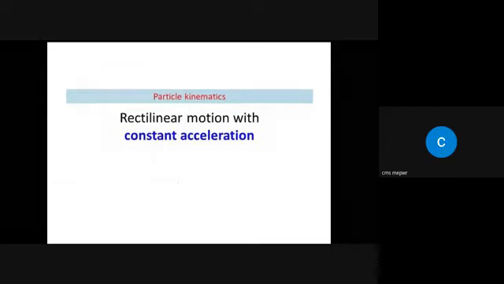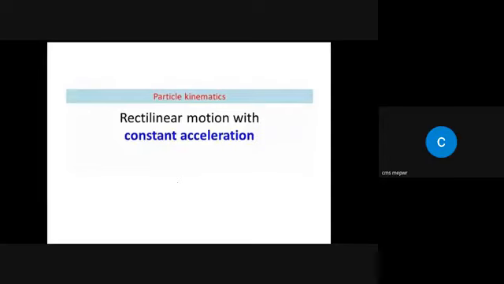The increase in velocity will again be 9.81 meter per second square. That is basically the case of constant acceleration. Usually in case of free falling bodies, we consider it as a constant acceleration case.